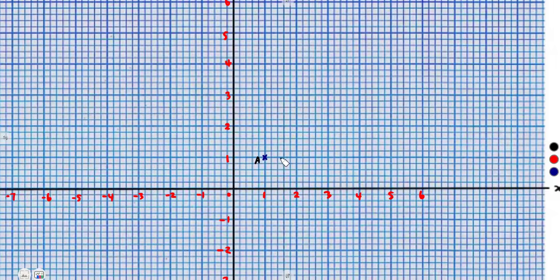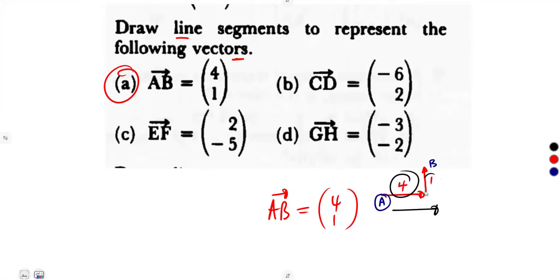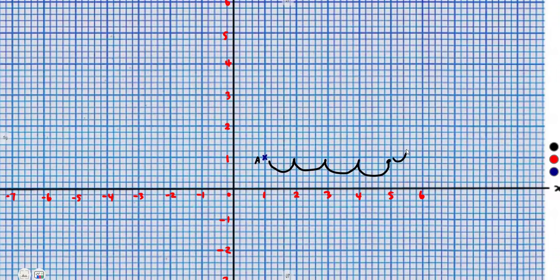That's 1, 2, 3, 4 from A. From this point, how many units are we supposed to move going up? 1 unit, so that we can have point B. So that's at the end here. That's where our point B is. So this is our point B.